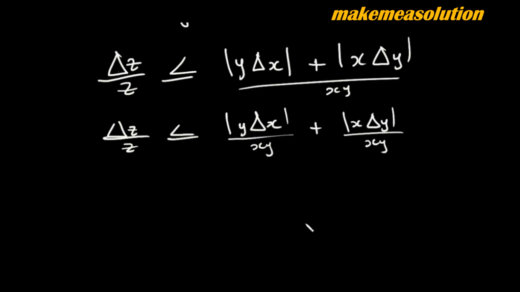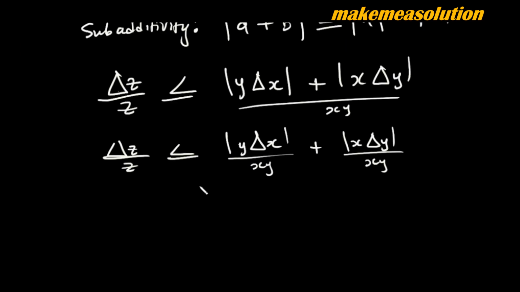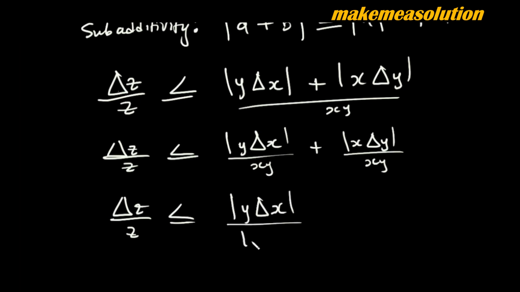So basically you can see that this is still less than or equal to the modulus of y delta x over xy, and xy is still the same thing as the magnitude of xy since it is positive, plus delta y over xy.